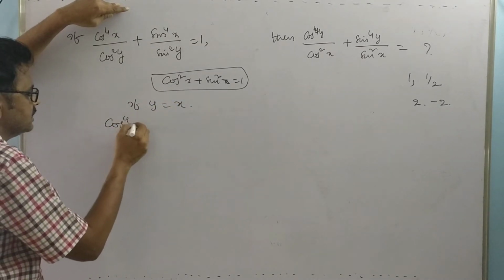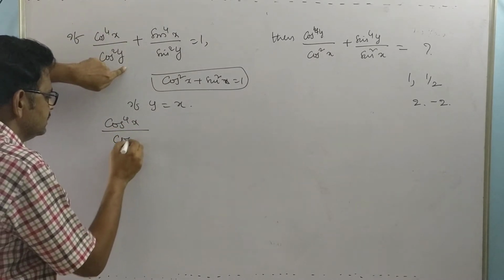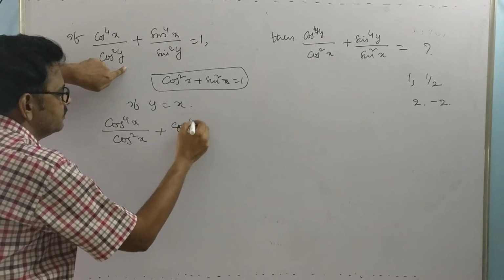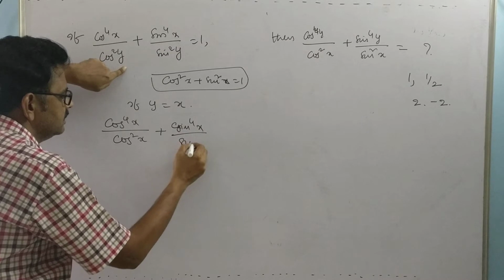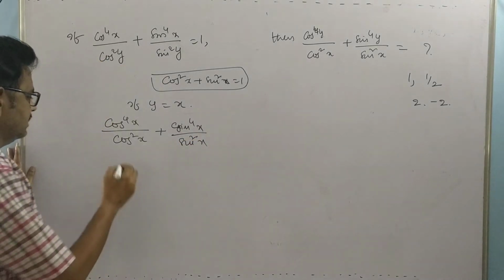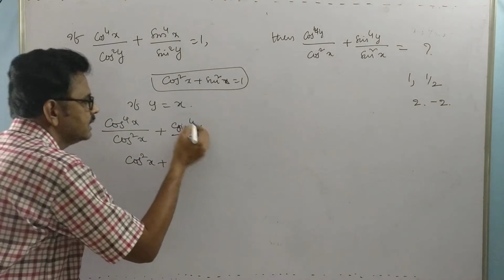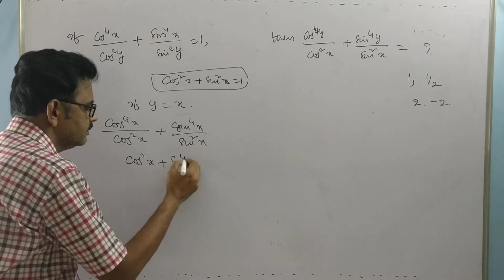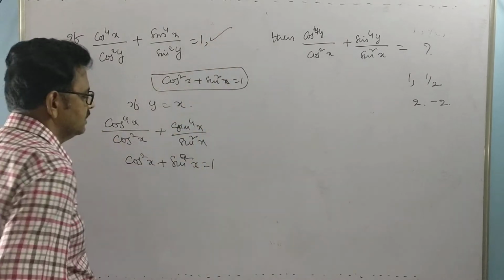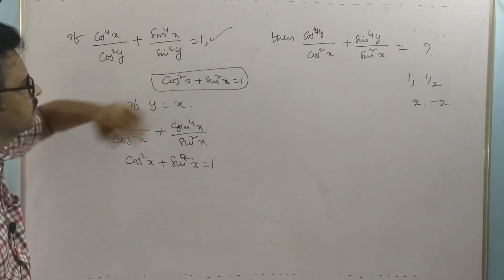Cos power 4x by, in place of y, write x, so this is cos square x, plus sin power 4x by sin square x. So cos square cancels, and this is cos square x plus sin square x, that equals what? 1, that is the RHS. So if y equals x, LHS equals RHS.